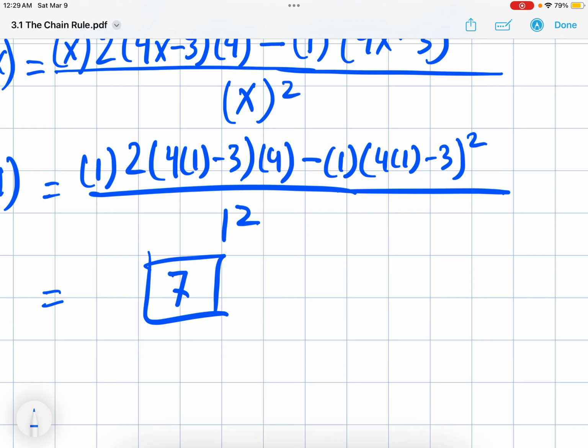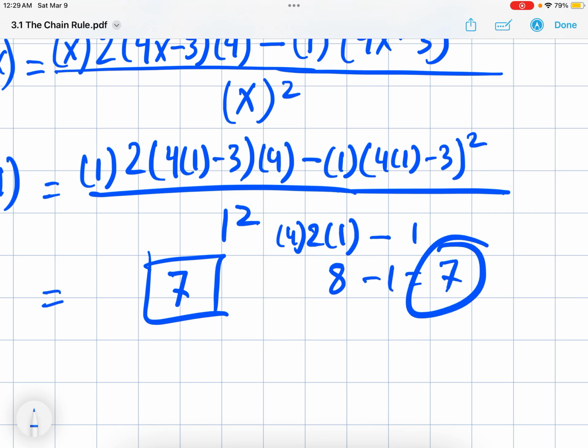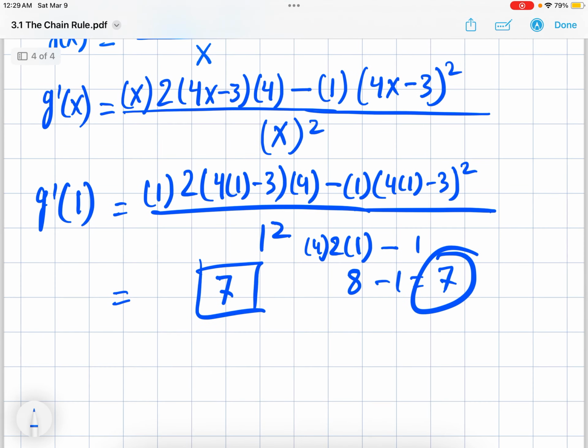I think this is right, I guess. 2 times 1 minus times 4, and this is just 1. Okay, 8 minus 1, 7. Okay, looks good. So this is the slope. Slope is 7.